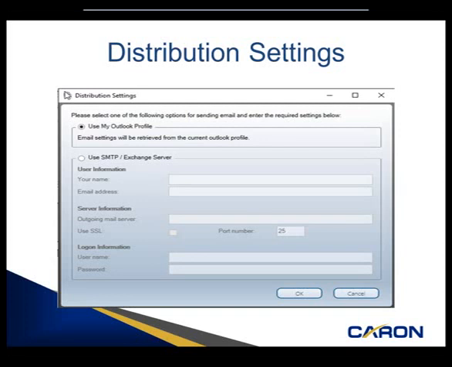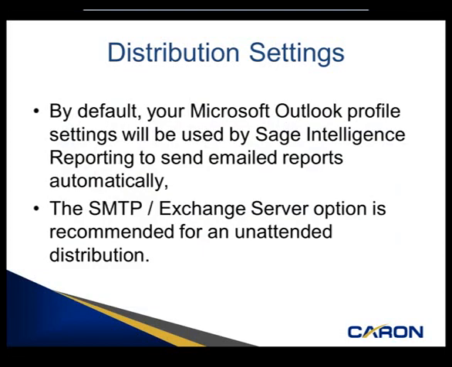If you don't have your Outlook open or don't want to have your Outlook open, then it might be advisable to use the SMTP Exchange server. So by default, your Microsoft Outlook profile settings will be used to automatically send reports, or if you want to use unattended distribution, you would use the SMTP Exchange server.